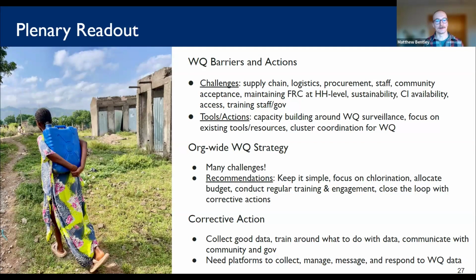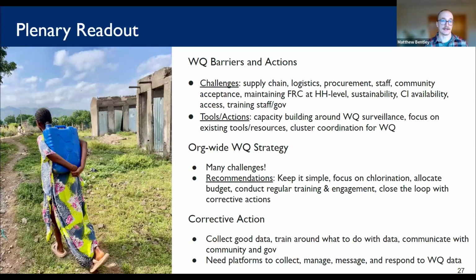So we have to start with collecting good data and understanding how things are actually going so we can respond appropriately. Then we have to train staff on what to do with that data. Once we've collected it, it's got to be managed somewhere, and then we need to use it to actually implement corrective actions to improve water safety for populations.